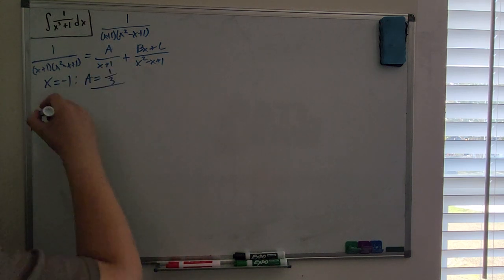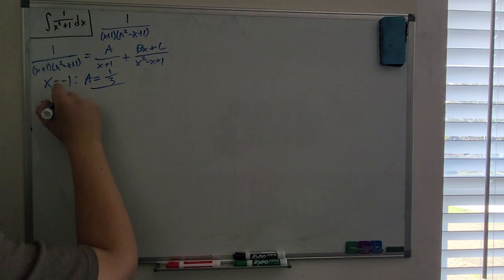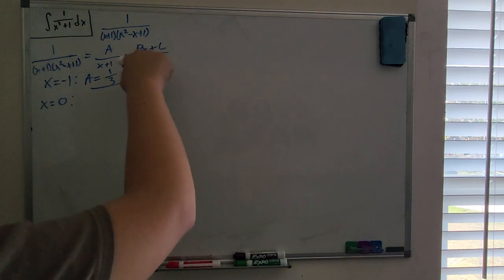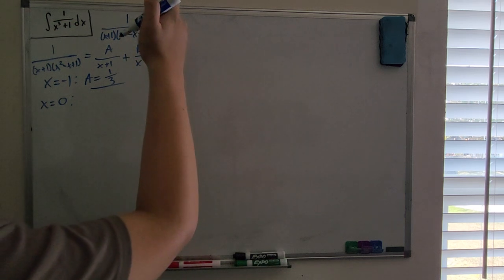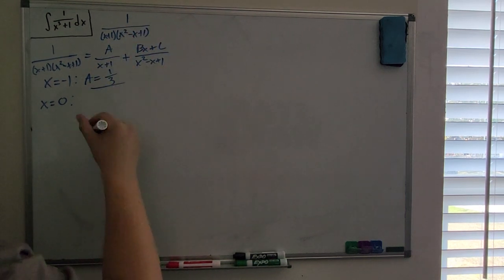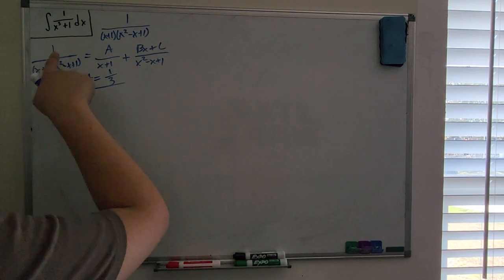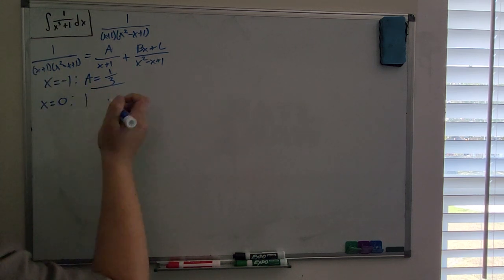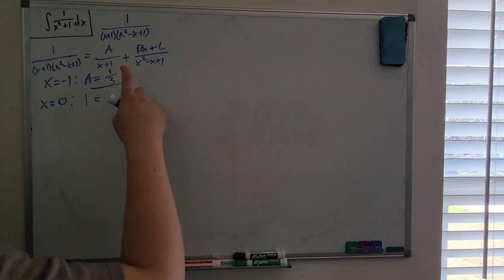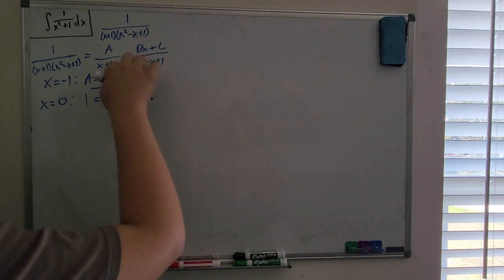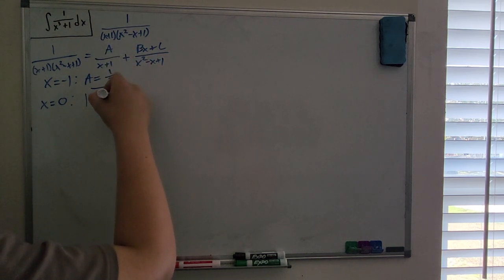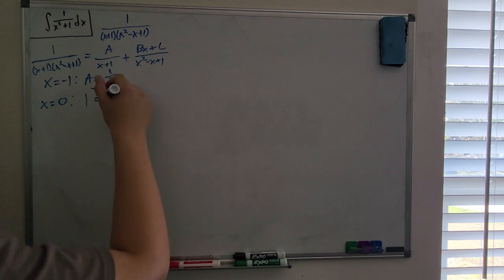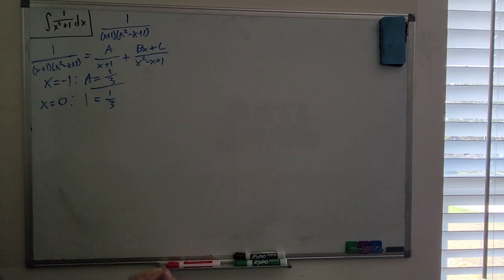So A is that. Now let's do 0. If you plug in 0 into here, that will cancel out B, so now we only have to work with C. So let's do that. This will just be 0, so it'll cancel everything. So that will just be 1. Thank God. So we know this is 1/3 over 1, so it'll just be 1/3, because A is 1/3, right?